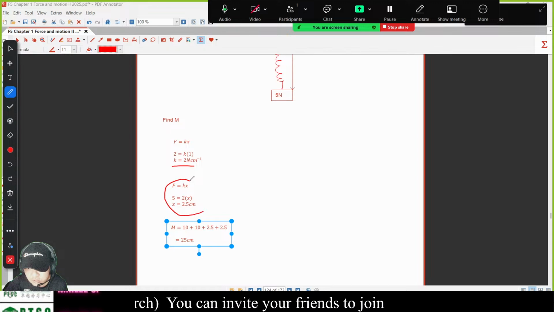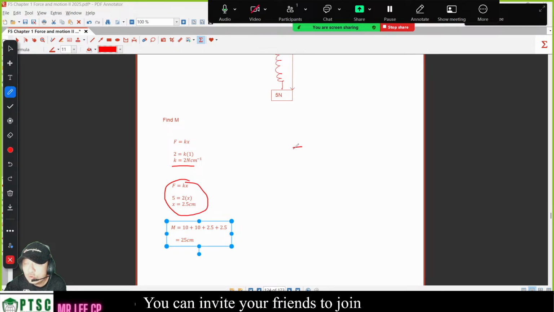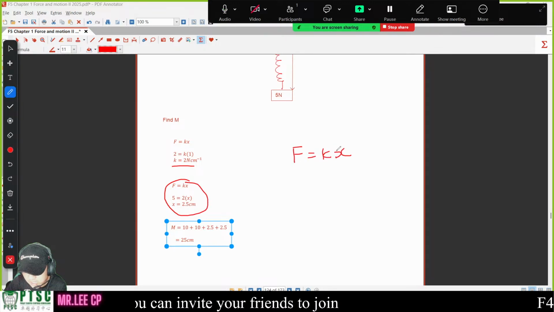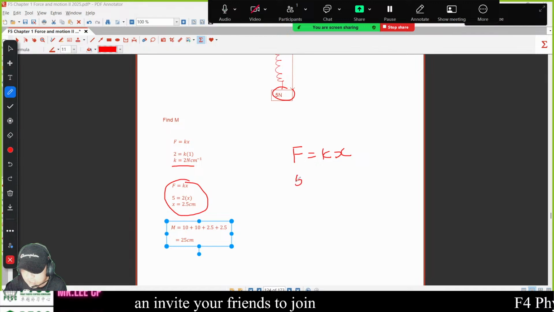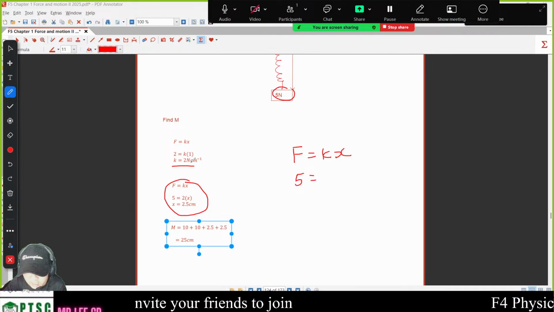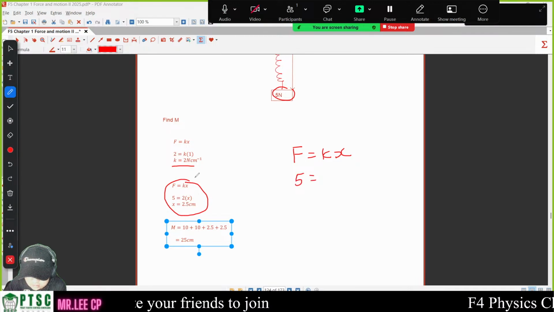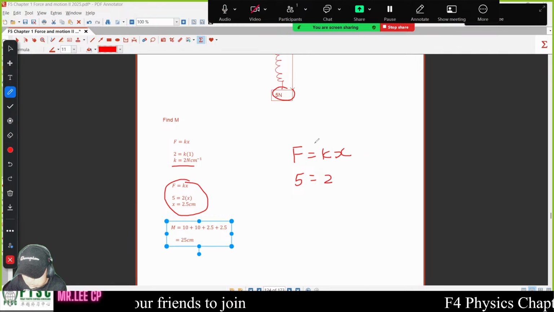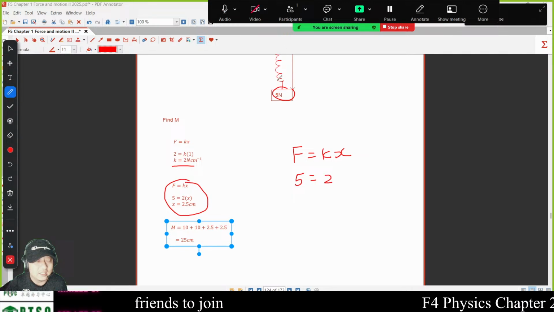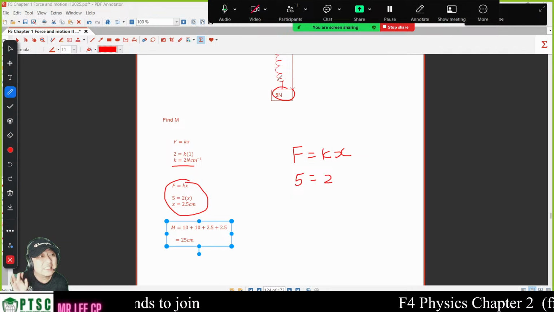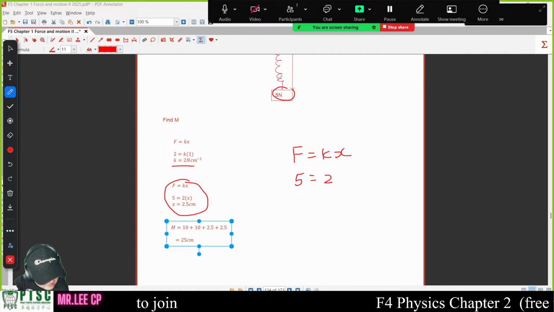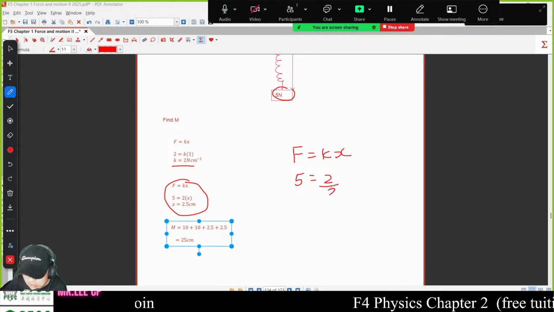So now you want to find two spring, F is equal to kx. F is 5 Newton. K is 2, but two spring in series, not parallel. Series, I repeat. So two spring, you divided by 2, right?